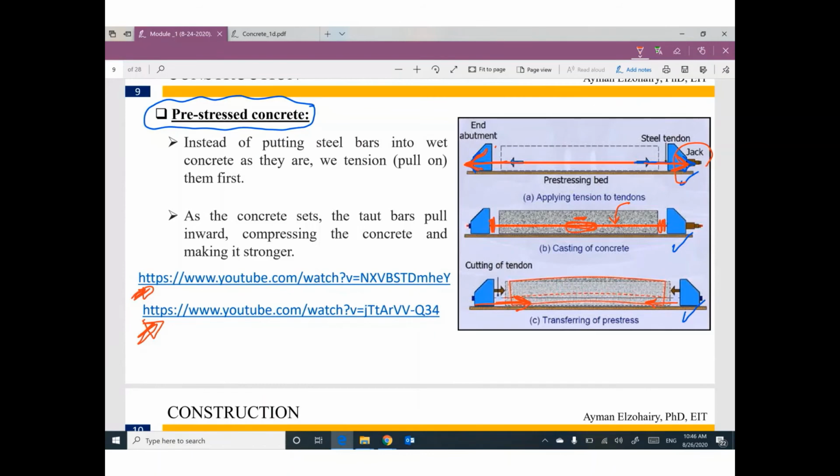For any reason, if something goes wrong, you can expect a dangerous situation when this force is released. Probably the hydraulic jack will move away. Probably the cable will be cut if it breaks during pre-stressing. I believe anybody around this cable will die. Okay.